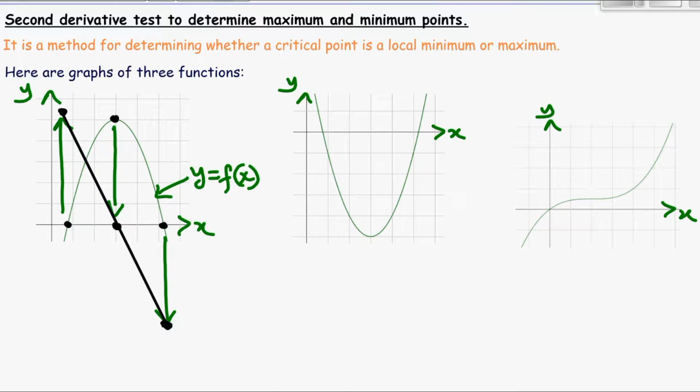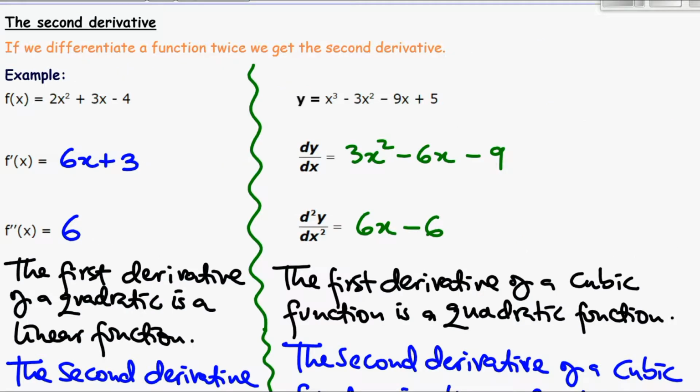Now what I want you to understand is this. The graph that we have here is a linear function, and it's because the first derivative of a quadratic function is a linear function.